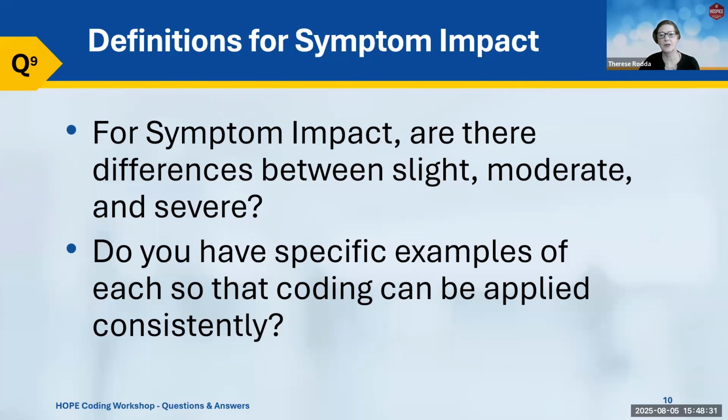With this information, the clinician uses their judgment to determine the impact of the symptom on the patient. It is expected that there will be some variation in the coding for symptom impact based on each clinician's judgment. And while there are several examples in the HOPE guidance manual, the hospice staff that tested the HOPE tool did not report any issues with completing this item.